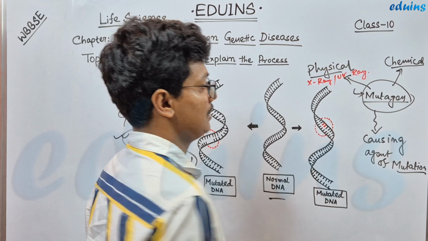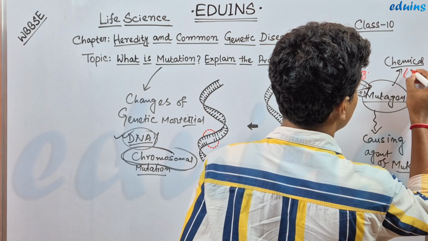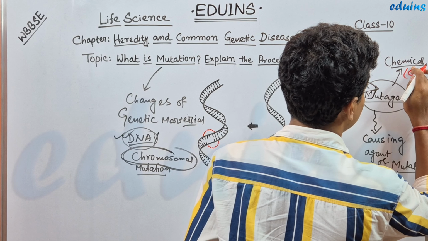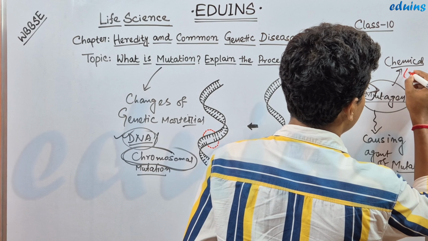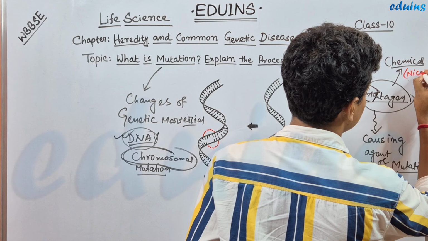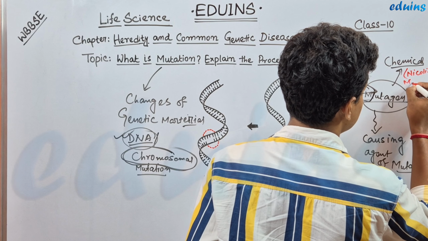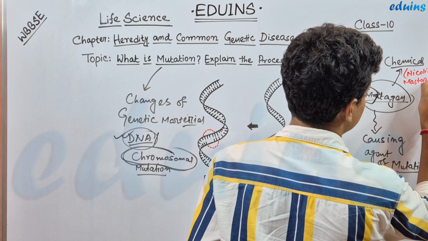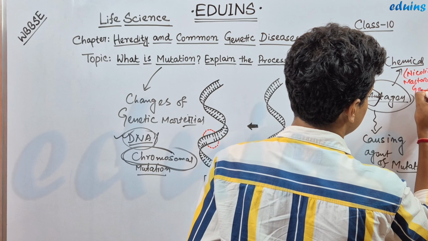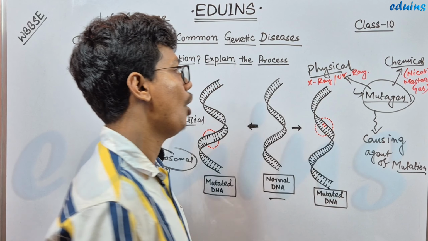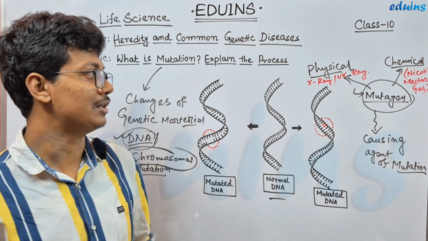And chemical mutagens are like nicotine or mustard gas. These are the examples of chemical mutagens.